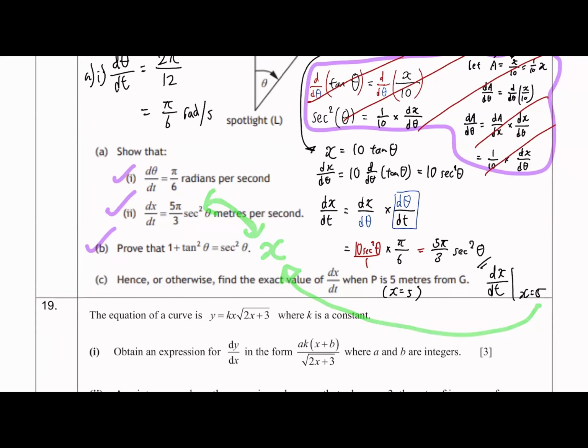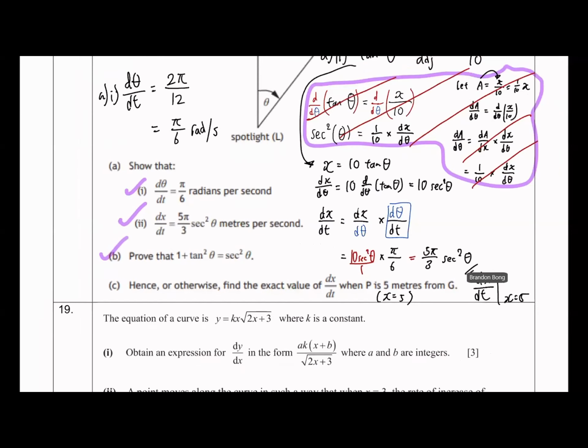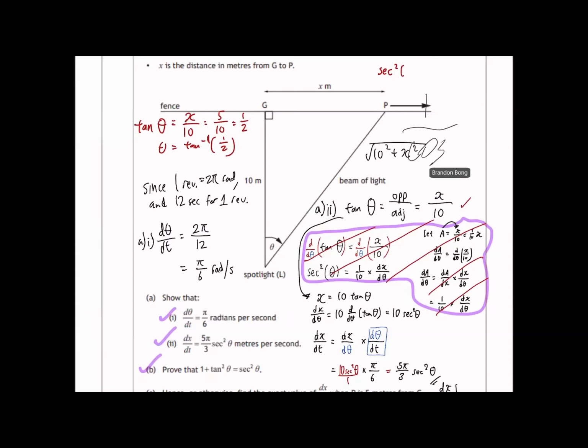So how do you bridge the gap between secant square theta and something in terms of x? You look at the diagram. What is secant square theta? Secant square theta is 1 over cosine square theta. So it's really just 1 over cosine theta, then you square it. What is cosine theta? Look at the diagram.